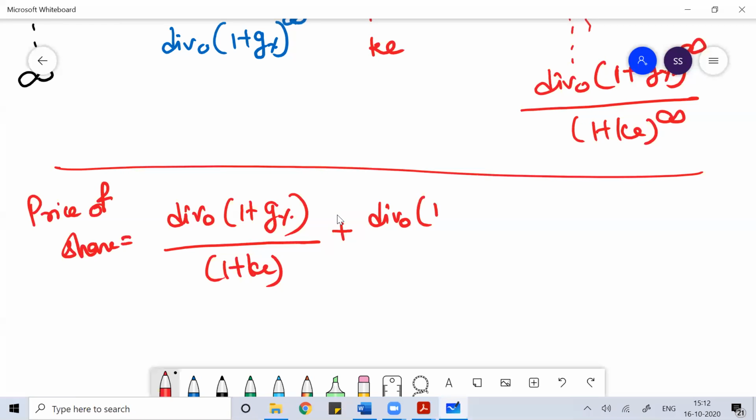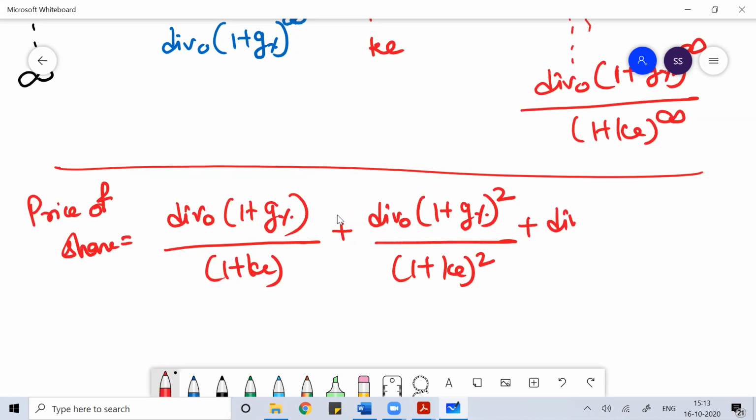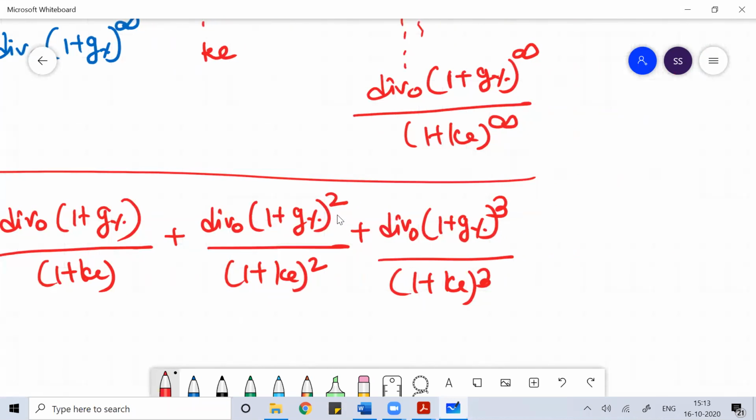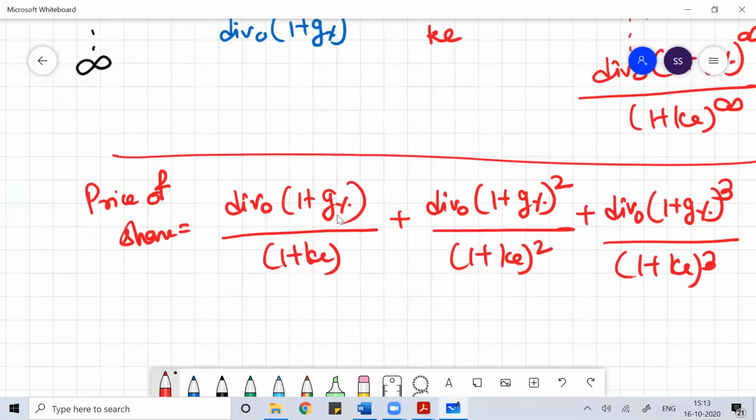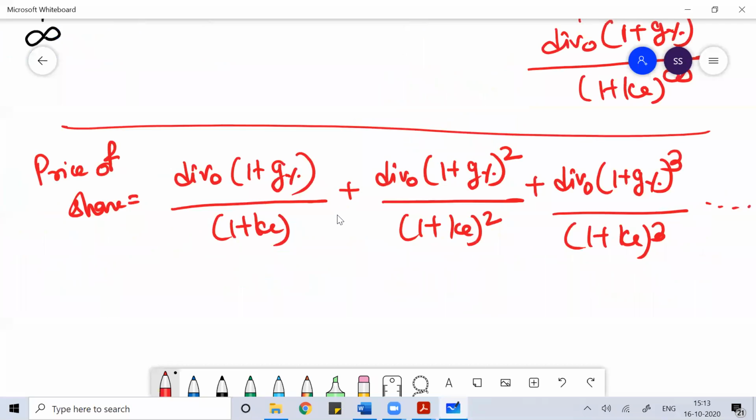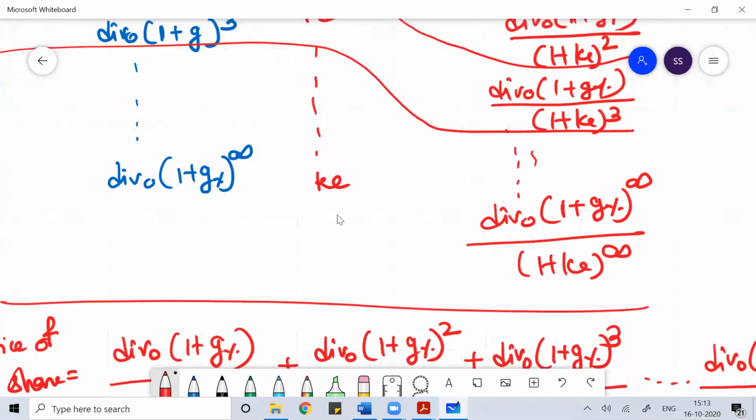For year 2, DIV naught into 1 plus g percent whole square divided by 1 plus k whole square. Then for third year, DIV naught into 1 plus g percent to the power 3 divided by 1 plus k to the power 3. Similarly, for infinite year, DIV naught into 1 plus g percent to the power infinity divided by 1 plus k to the power infinity. So like this, you anticipate the future value of the dividend, then determine the present value of this.